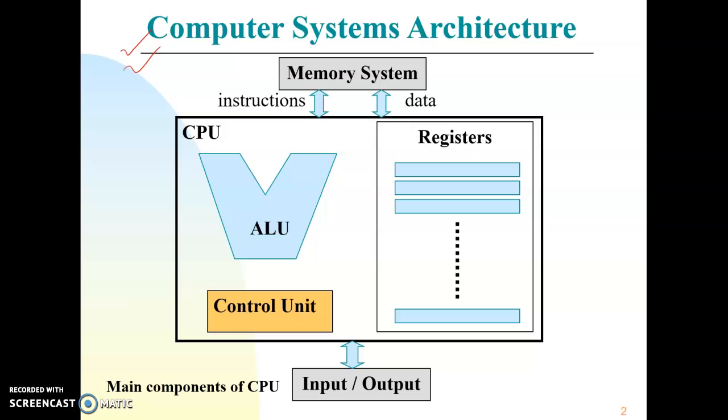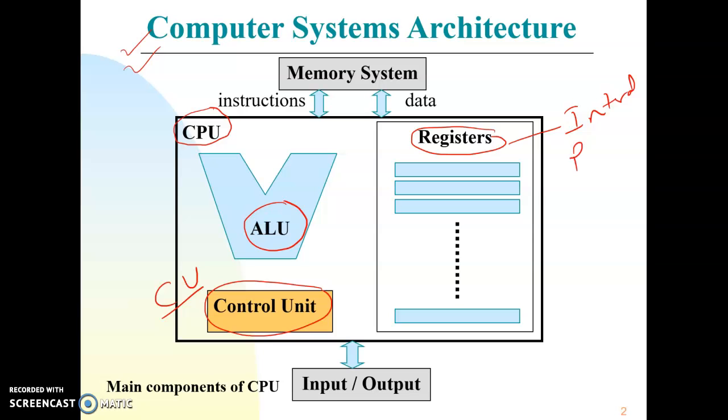Here you will see it has several components. For example, CPU, that is central processing unit, ALU, arithmetic logical unit, CU, in short we call it CU, control unit. It has registers, internal registers, to store data.